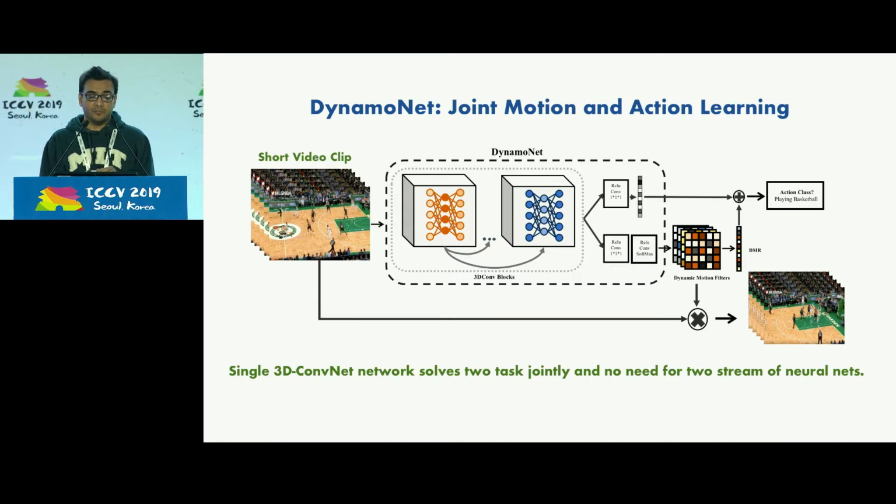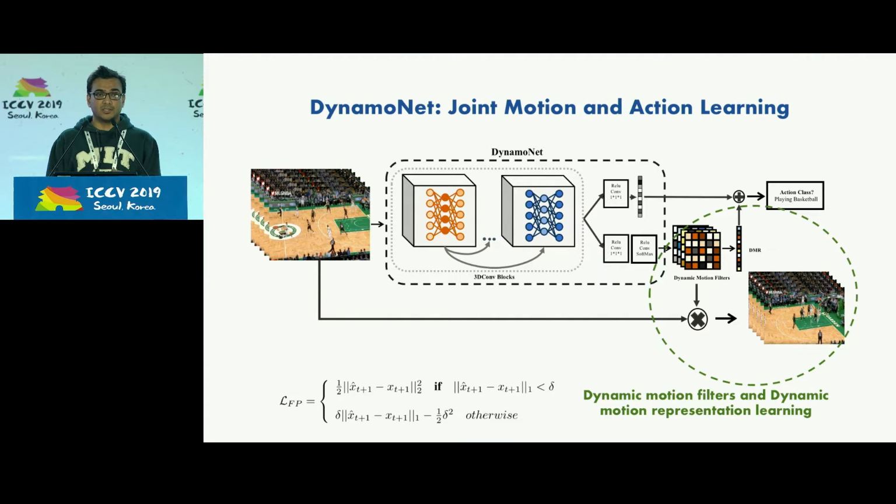This is the whole pipeline. What we are showing in this pipeline is that basically you dump a bunch of clips and you generate the dynamic motion filters. Once you have generated the dynamic motion filters, they are convolved with the input samples, and you predict the future. The predicted future samples are minimized with respect to not the same time, but time t and t plus 1, using a Huber loss.